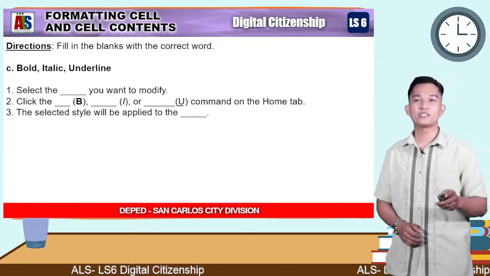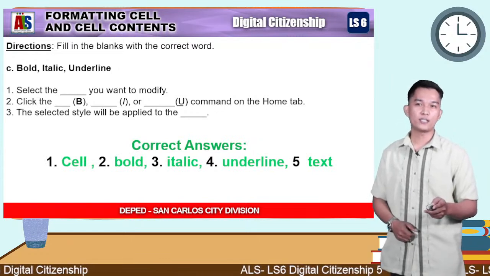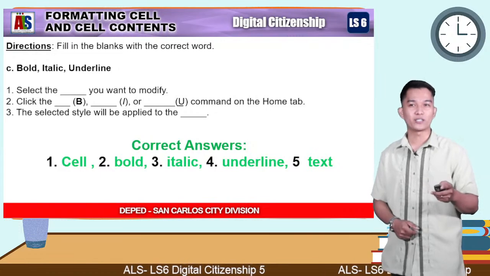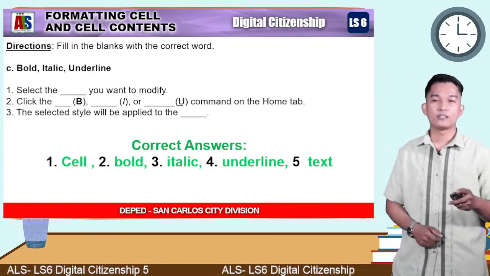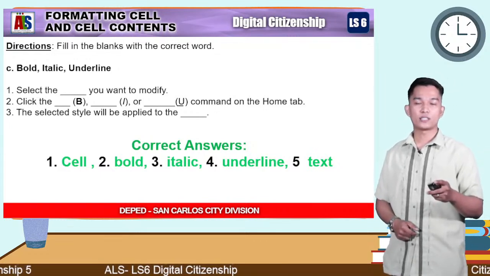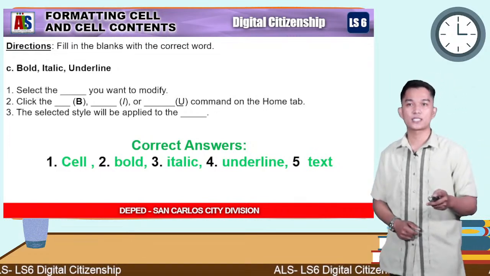So the correct answers are, okay, so number 1, cell or cells. Number 2, it's B, it's bold because the letter or the command there is B. Number 3 is italic. Number 4, it's underline. And then number 5, it's the word text.